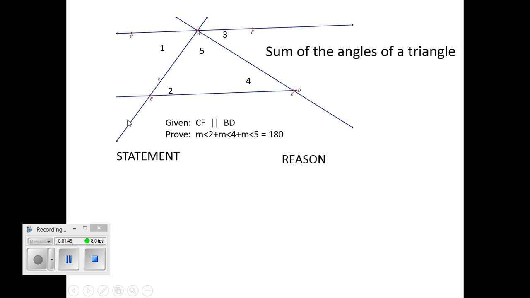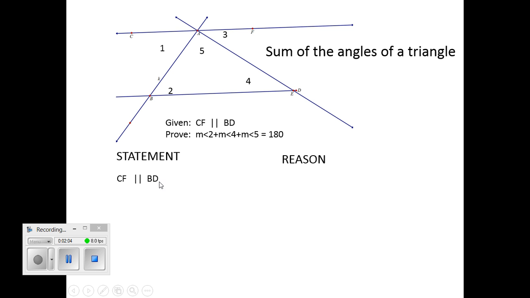They're parallel, and we want to show that these three angles of the triangle, angle 2, 4, and 5, will all add up to 180 degrees. Okay, so I start with the given and work towards this as a proof. So this is going to say that all the angles of a triangle sum up to 180 degrees.